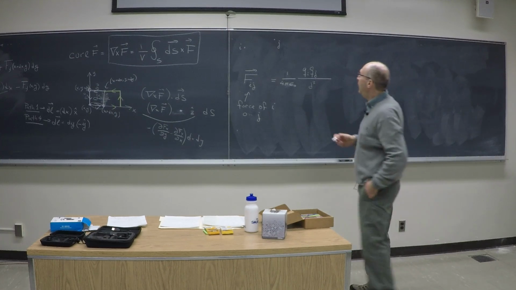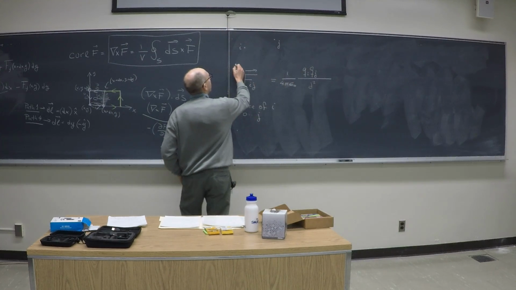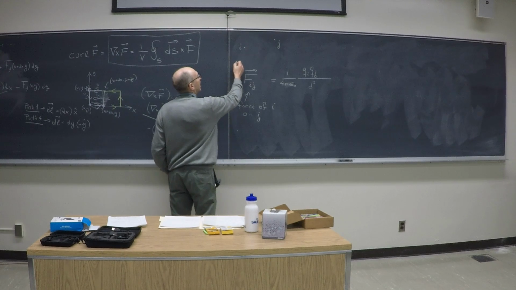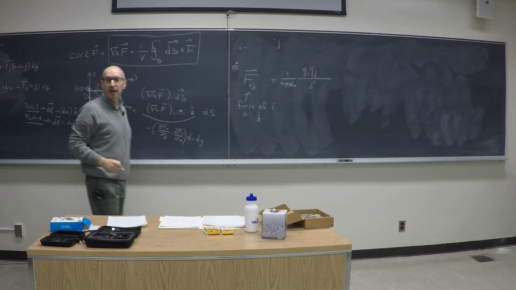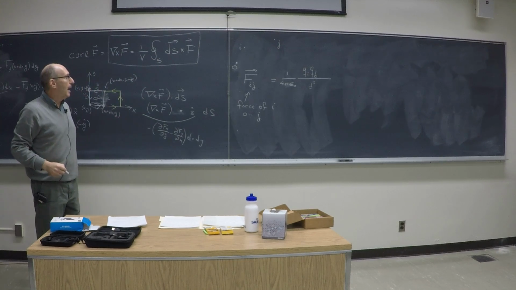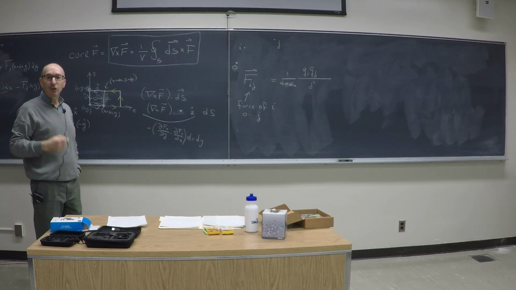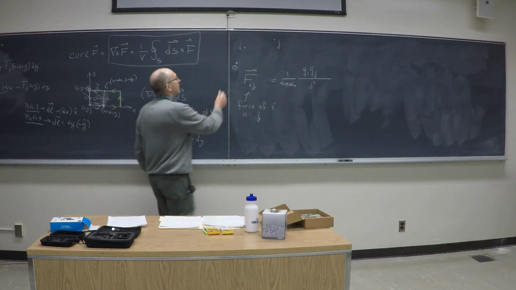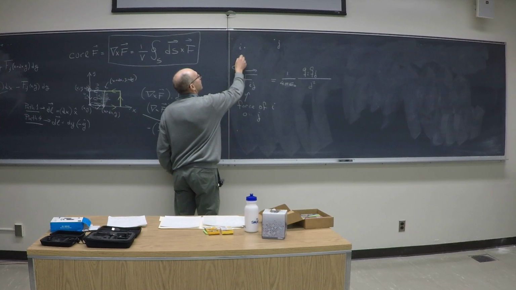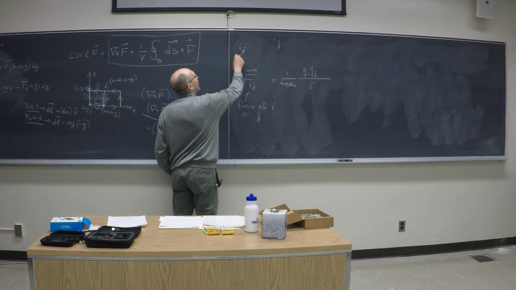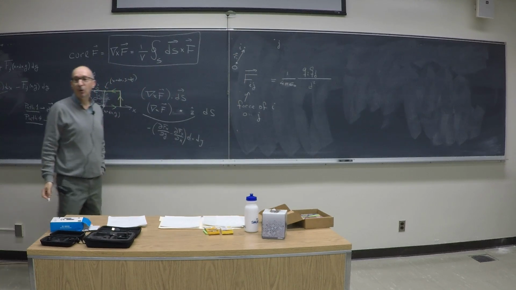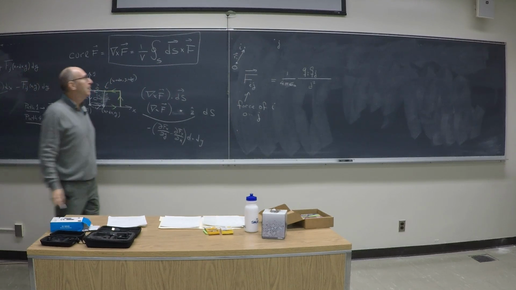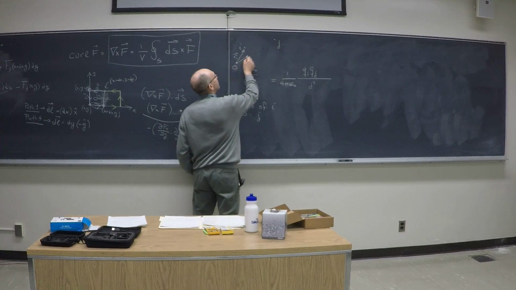So that's the origin, x, y, z, and the notation I want to introduce that is going to be very, very convenient is this: particle i is going to be located at vector position r sub i. That's an obvious notation. And same thing with j.